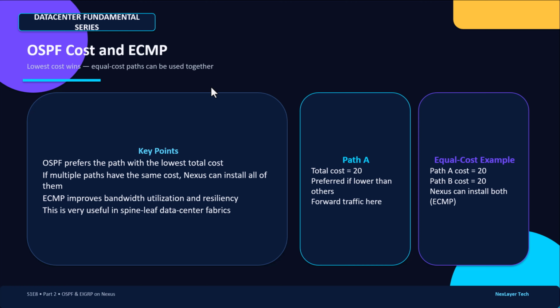Instead of using only one spine and leaving the other paths idle, the Nexus switch can use all available equal cost paths. This provides greater bandwidth and better resiliency. Traffic flows can be distributed across the available paths.